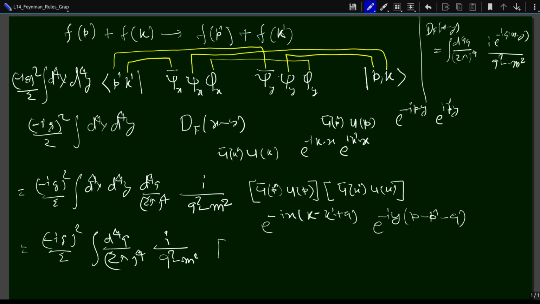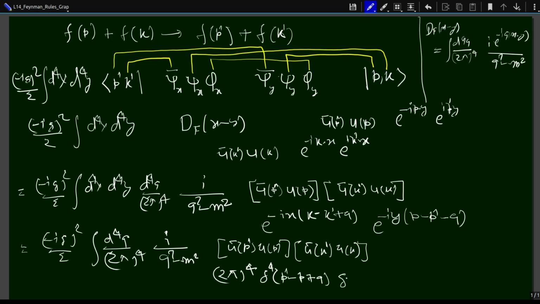Okay, and then I have this u bar p prime u p, u bar k prime u k, and then I have 2 pi to the power 4 delta 4, and this will come p prime minus p plus q. Okay, and another 2 pi power 4 delta 4 will have k prime minus k minus q. Okay, these are two delta functions that come over here.